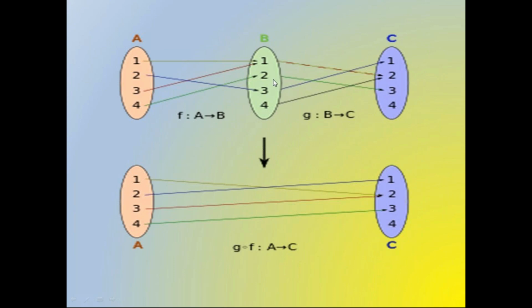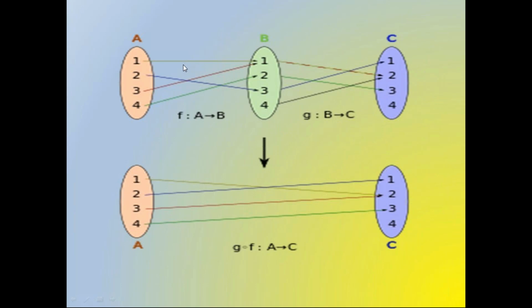Similarly, g is a mapping between the set B and the set C. 1 is related to 2, 2 is related to 3, 3 is mapped into 1, 4 is mapped into 2. And if you combine these two, the resultant function is g composite f from A to C. The elements of the set A are 1, 2, 3, 4, and the resultant elements are also the same, 1, 2, 3, 4. But based on the above diagram, we have to come to a conclusion.